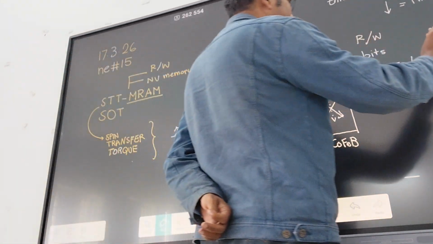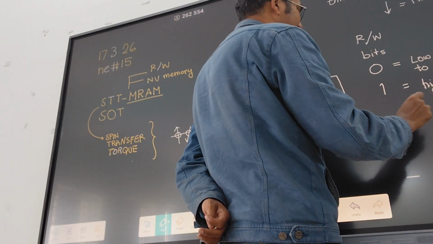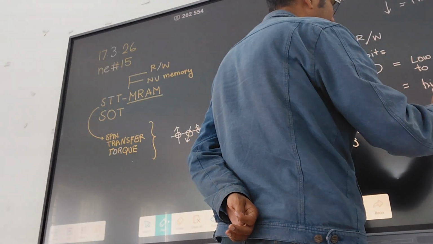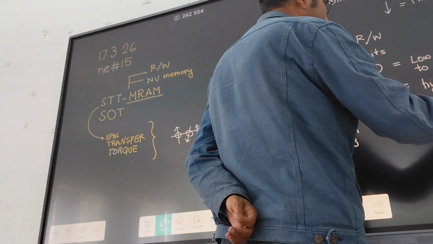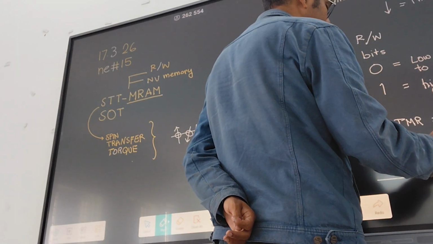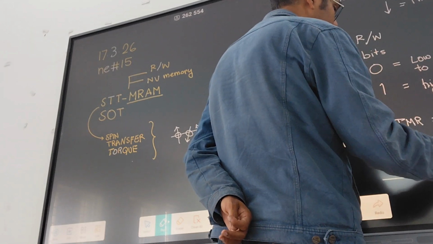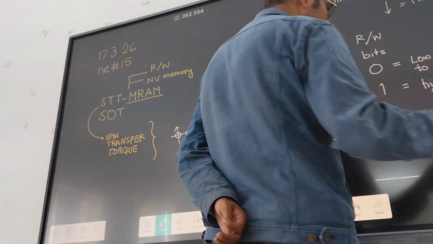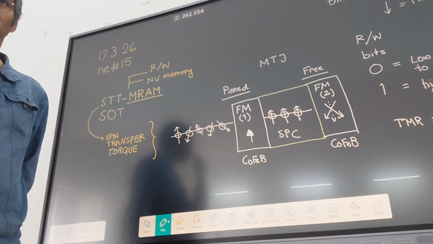Now this resistance is again TMR, and it is equal to the maximum. Okay, what is RAP? Both of them are resistances.